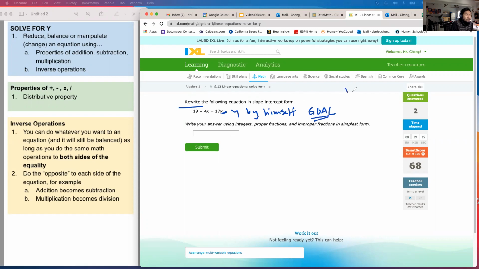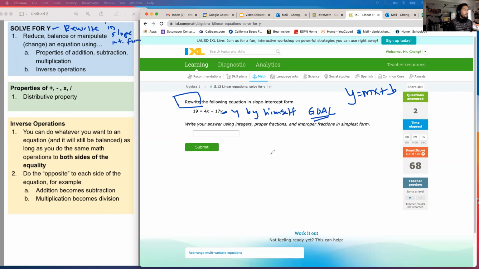The slope-intercept is y equals mx plus b. Y is by himself on the left side of the equality. I'm rewriting this whole equation. That means I'm solving for y. This means rewrite in slope-intercept form, because the slope-intercept form is where y equals mx plus b.